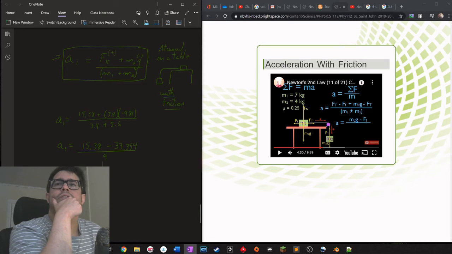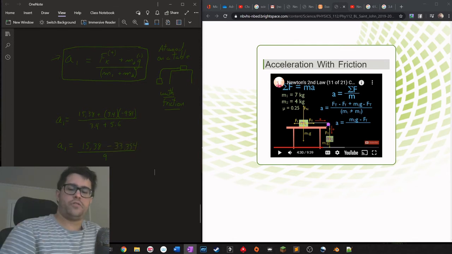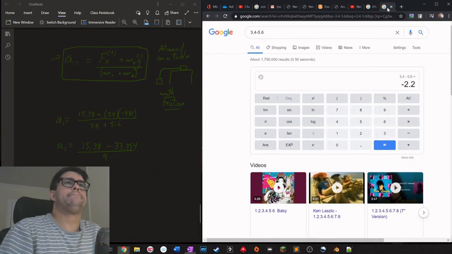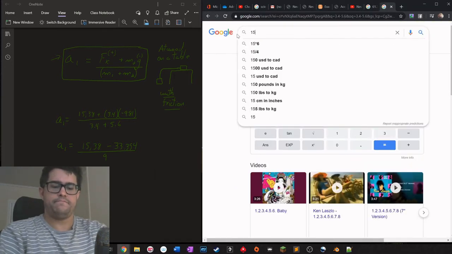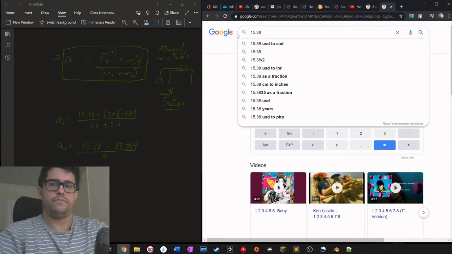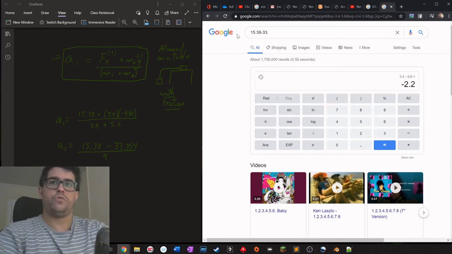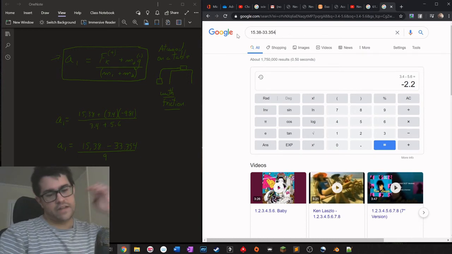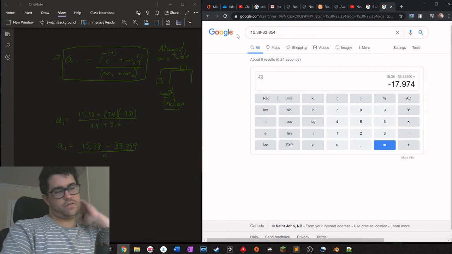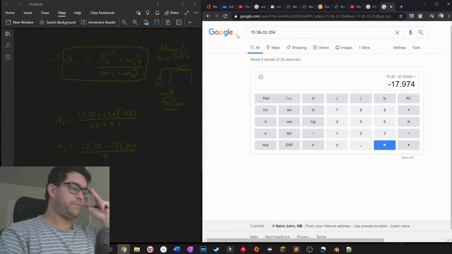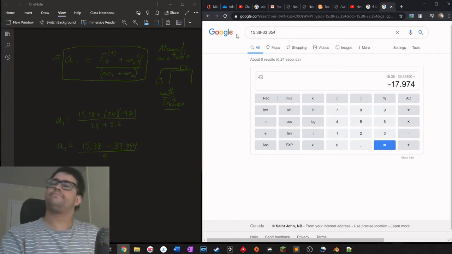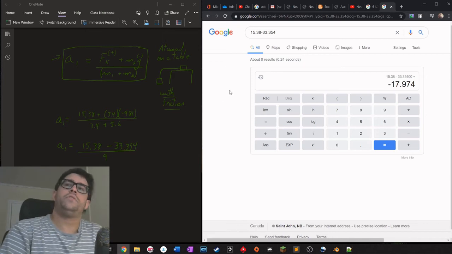M2G. This is M2. This is G. This is minus 33. Okay, so 15 minus 33, that's going to work out. Yay. 15.38 minus 33.354. I don't know why my neck is hurting. I'm working like this. 17.9.